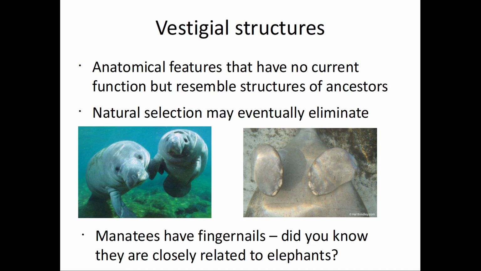They're just kind of like patches of fingernail material, but they're there nonetheless. And if you've ever seen an elephant's foot, their fingernails look remarkably similar to an elephant's foot. Manatees are closely related to elephants. After realizing that, it's difficult not to see the similarities between them and elephants when you look at them closer.